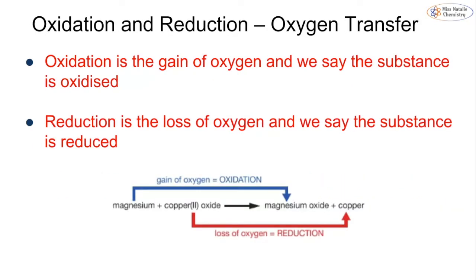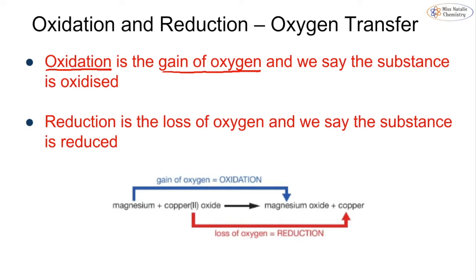Well, if we have a reaction where something is gaining oxygen, then we call this oxidation. So a metal that can gain oxygen, so for example, magnesium becoming magnesium oxide, we say that this has been oxidized, because it is gaining oxygen.